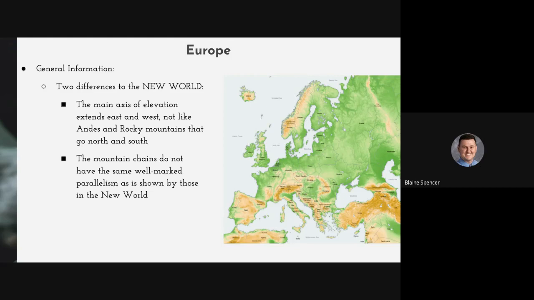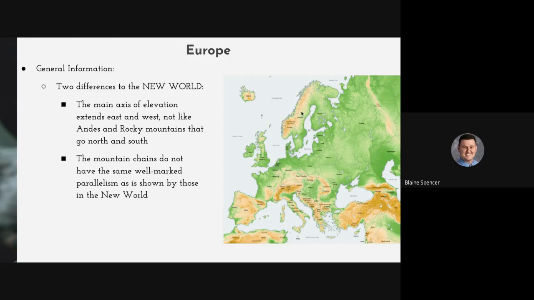Okay, so looking at this map, where do you think the primary highlands are? What was that, Kufal? Up here? Okay. What was that, Alana? Okay, down here.